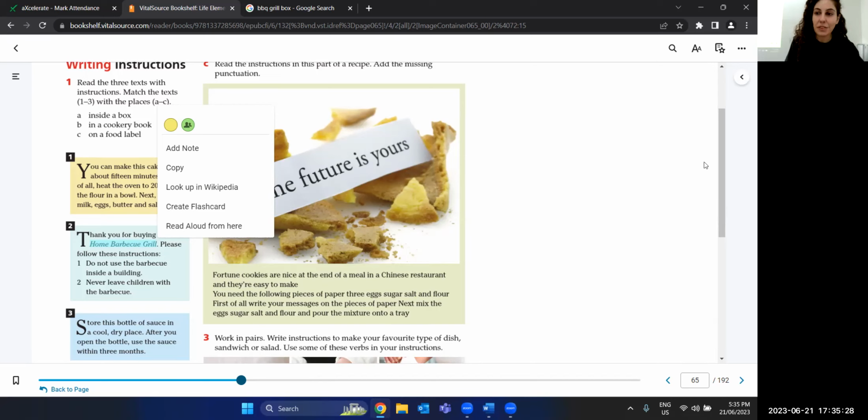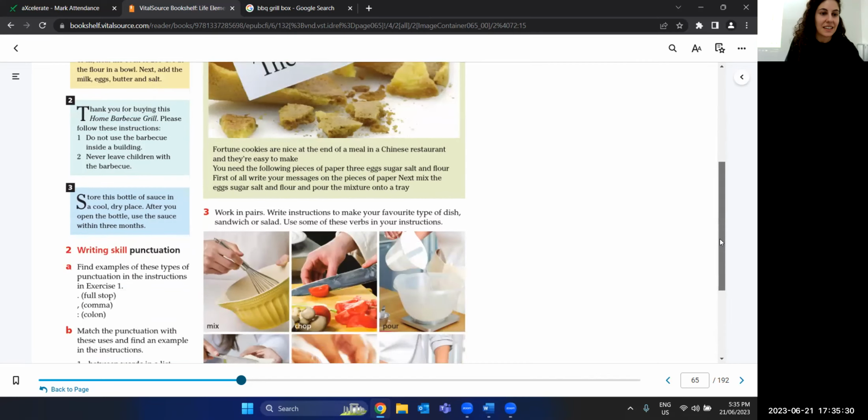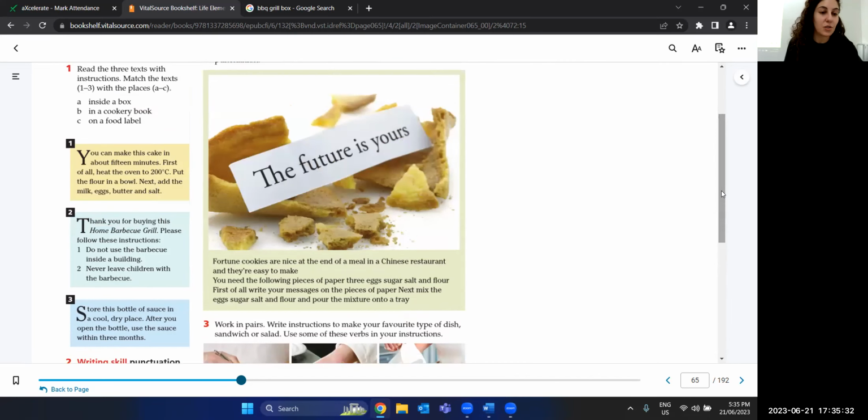And the last one, number 3, it says, store this bottle of sauce in a cool, dry place. So not in the fridge, not out in the sun, cool, dry place in the cupboard. After you open the bottle, use the sauce within 3 months. So this must be on a food label for a bottle of sauce.